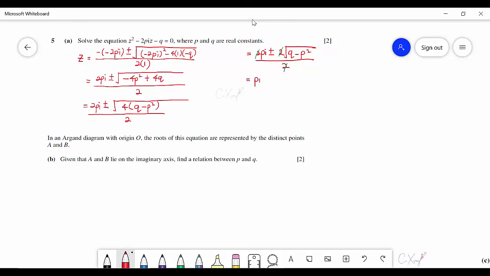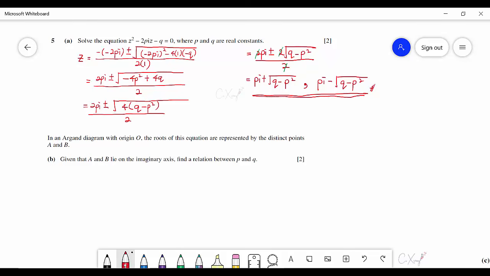The first one will be pi plus square root q minus p squared. This is your first root. And the second root will be pi minus square root q minus p squared. So these are the two roots that you have when you want to solve the equation shown in the question just now.